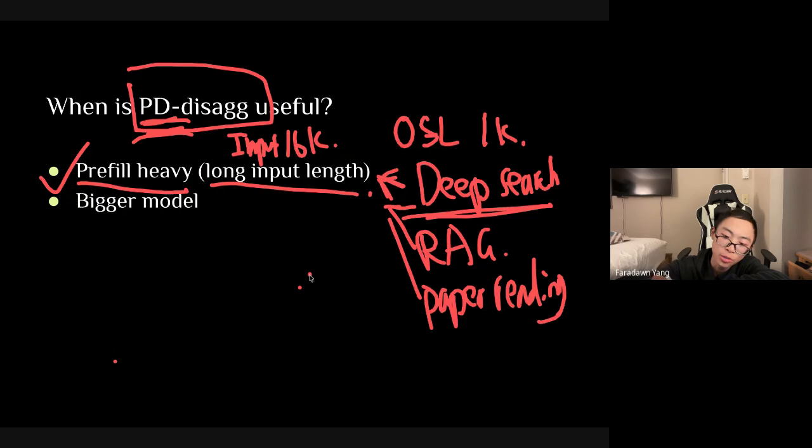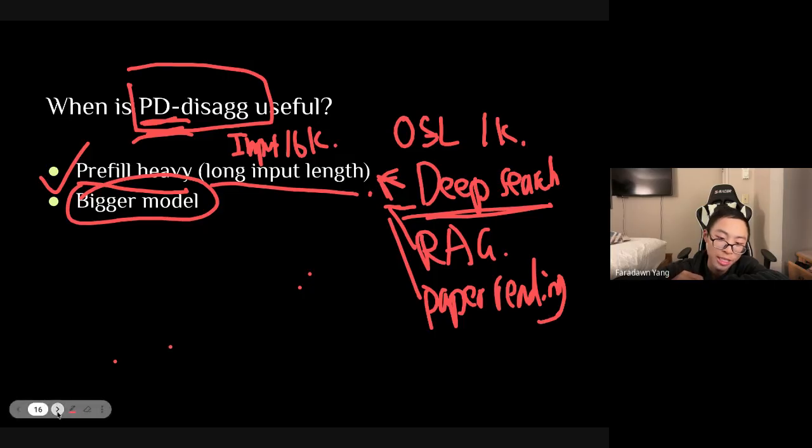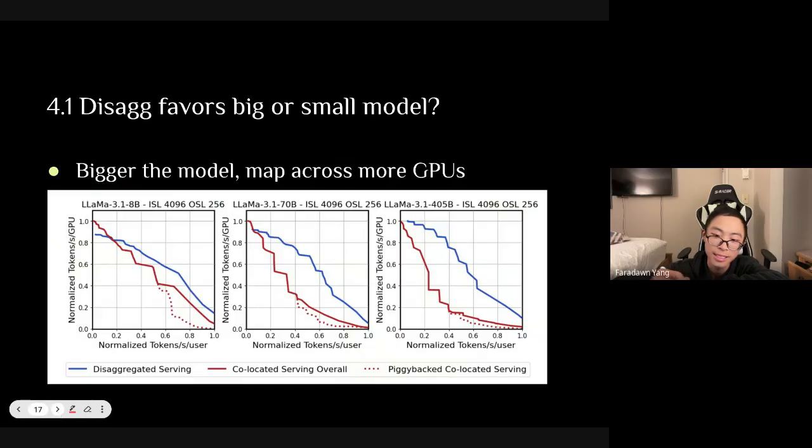So is PD useful for big models or small models? This is a second key interview question. So how to think about this? On the graph, is it a big model or small model?